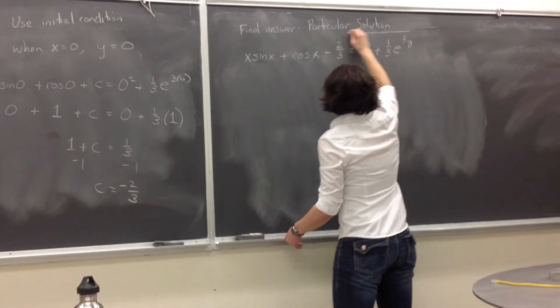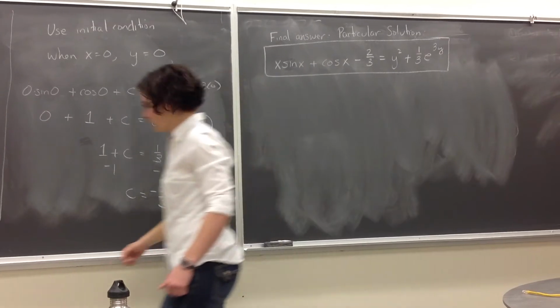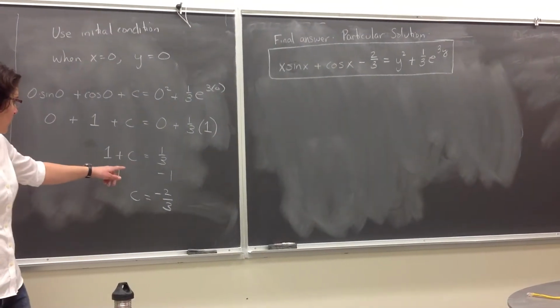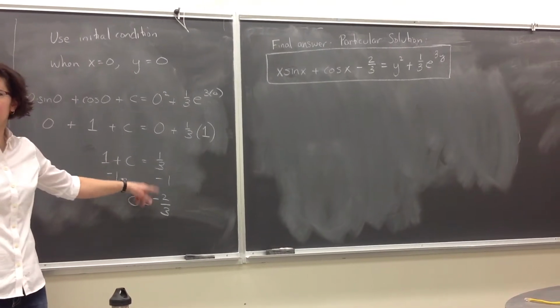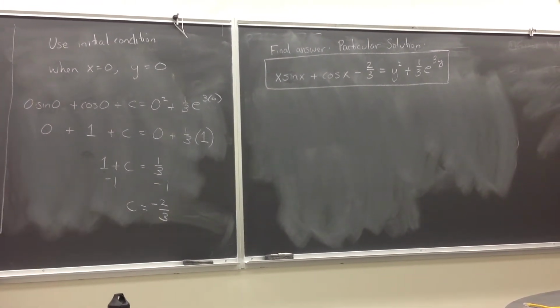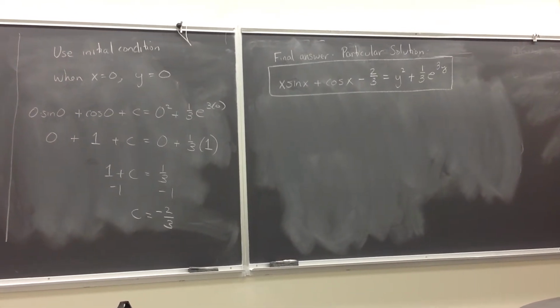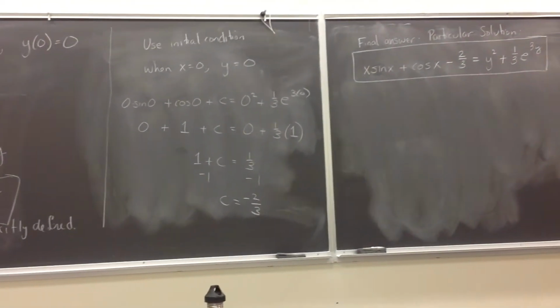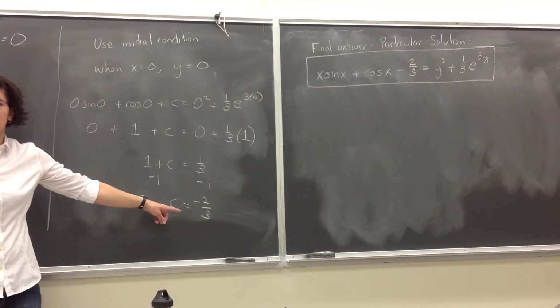Wouldn't it be plus 2/3? It's not negative 2/3, it's a positive 2/3. Well, when I subtract my 1 from both sides, I ended up with c equal to negative 2/3. Now, if you chose to put your plus c on the right-hand side over here, then the c value you would have come up with would have been a positive 2/3.